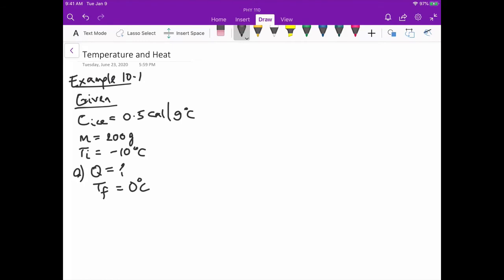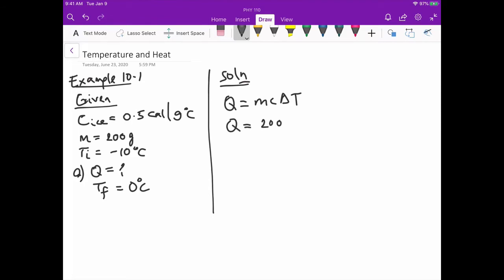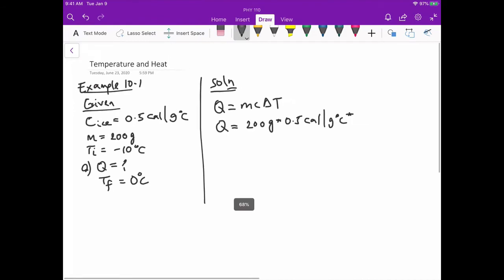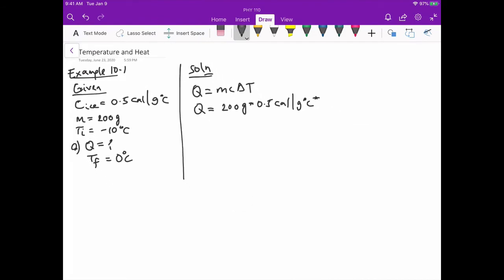Okay, so for the solution, you're going to apply the heat equation, mc delta T, right? So your Q is equal to the mass, 200 gram, times C, 0.5 calorie per gram degree Celsius, times the change in temperature, T final, which is 0, minus T initial, negative 10 degrees Celsius.